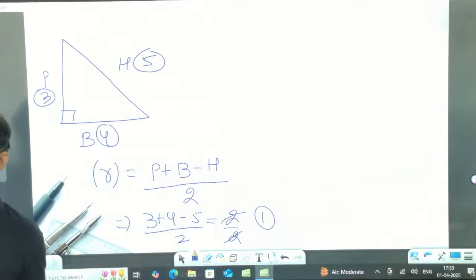Now let's move to in radius of equilateral triangle. Is everything okay, or did I make some mistake? In radius of equilateral triangle.